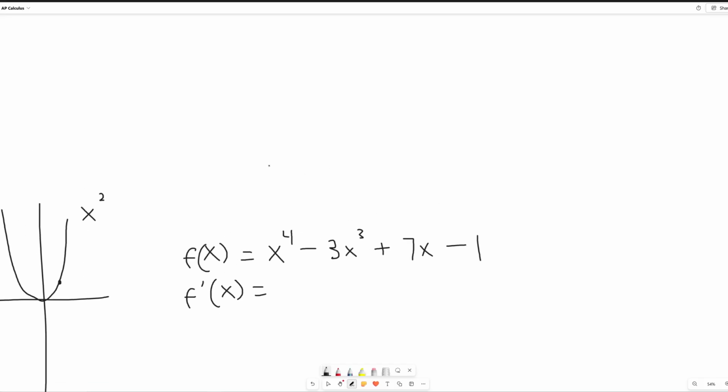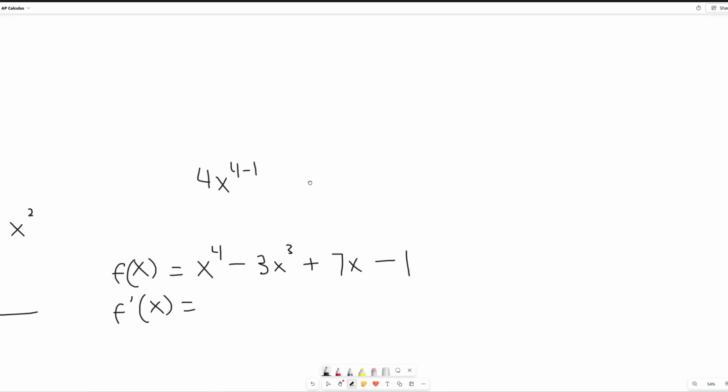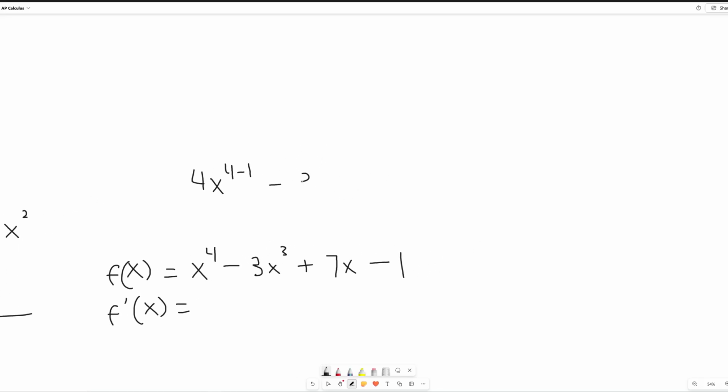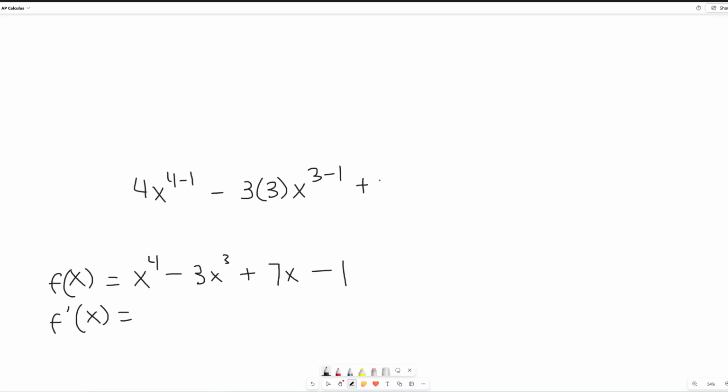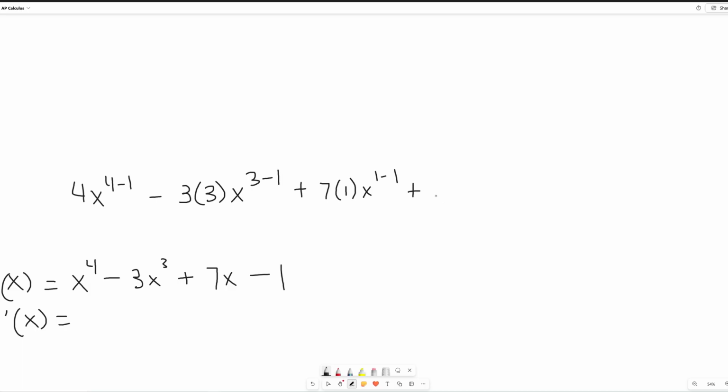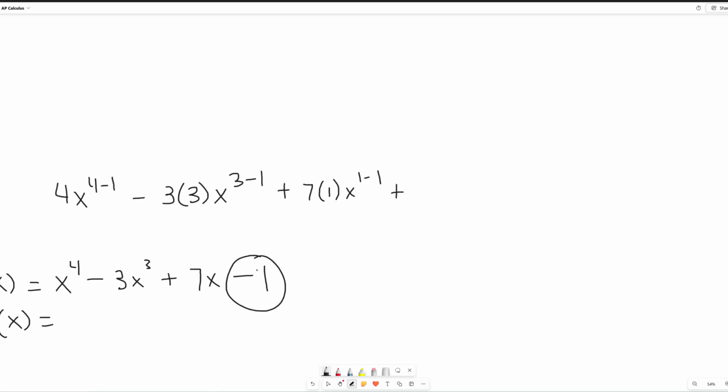And I'm going to individually do it up here. 4x to the 4 minus 1, minus 3 times, you already have the 3, x to the 3 minus 1, plus 7 times 1, x to the 1 minus 1, and then careful here, this negative 1.